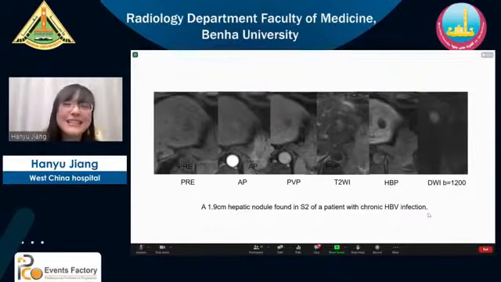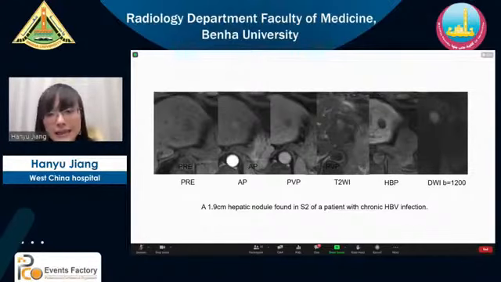Okay, let's have a look at the second case. It's a 1.9 centimeter hepatic nodule found in segment 2 of a patient with chronic hepatitis B virus infection. So on the pre-contrast T1 weighted images, the nodule appears mildly hypointense.